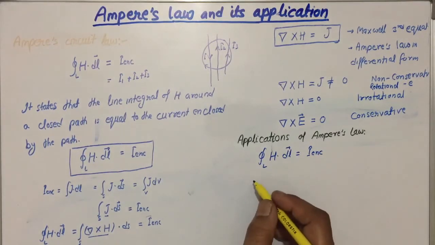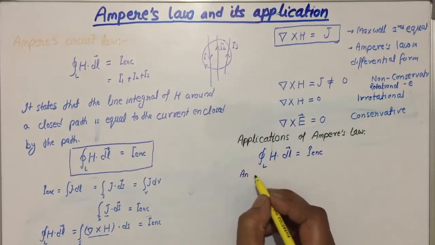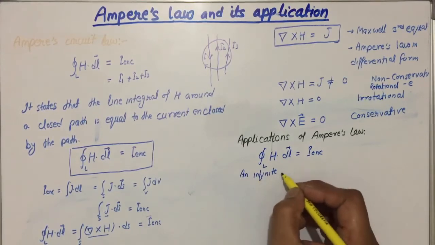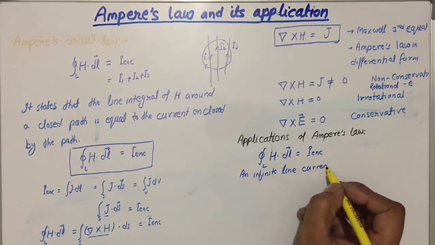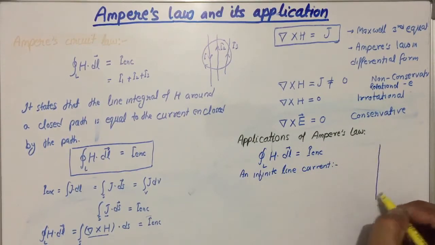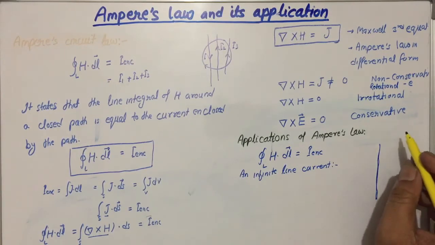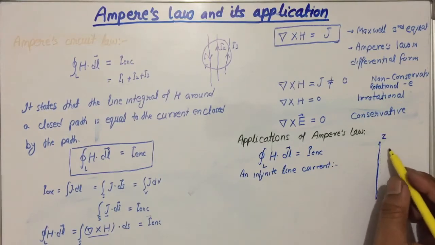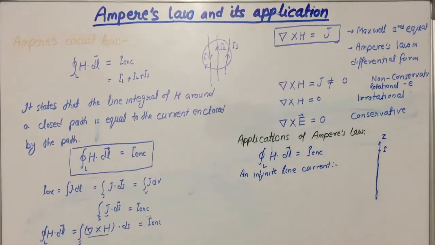So we will consider an infinite line current. This is a line current in the direction of Z. Current, you can say I, is flowing.